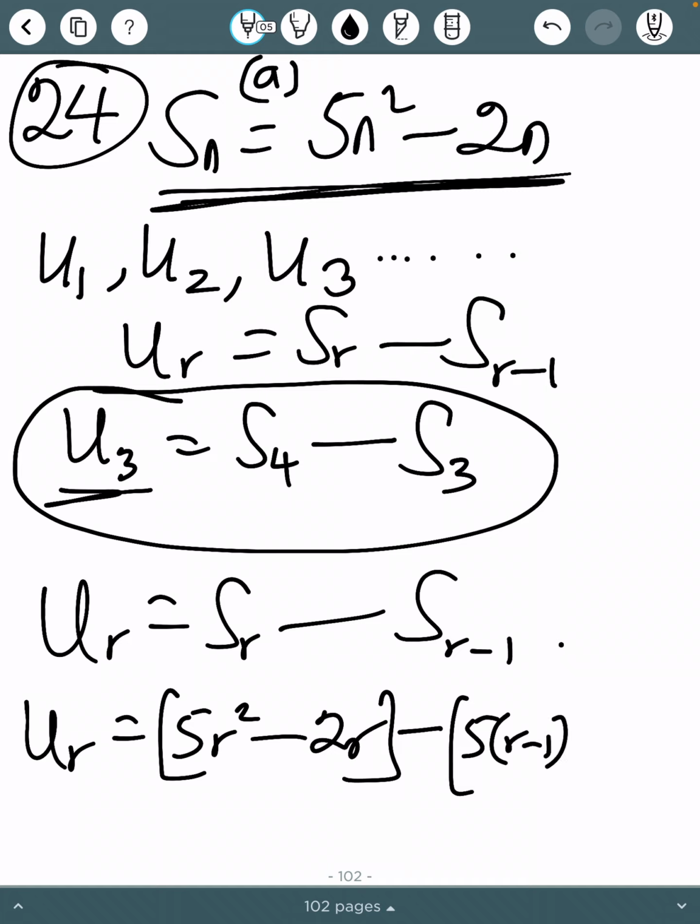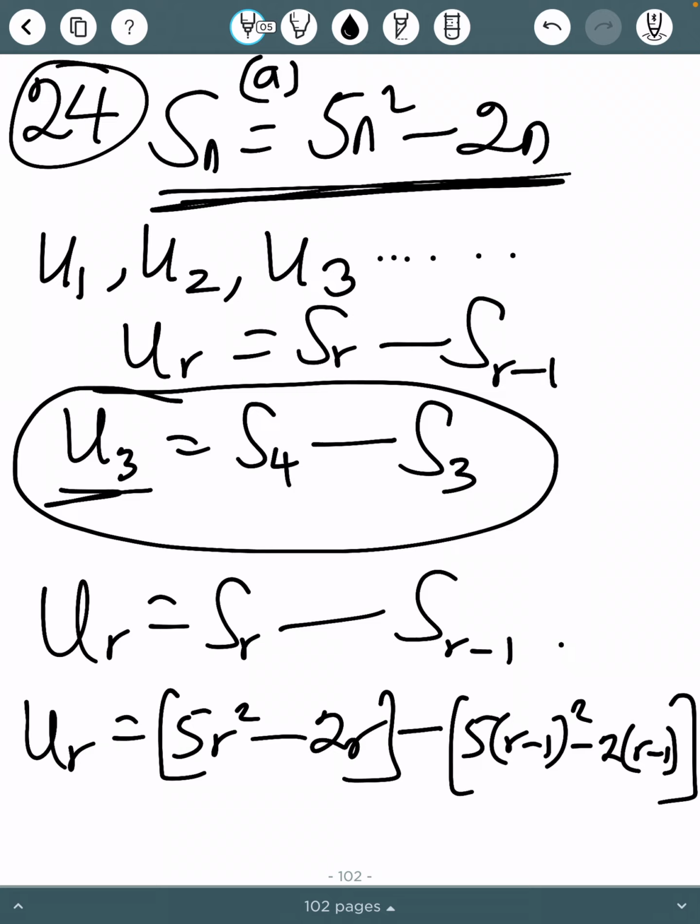5r minus 1 squared minus 2r minus 1 minus 2r minus 1. Let me write that very well. There should be two brackets there. I have to really squeeze it up to make this space contain it. Minus 2r minus 1. That makes it look okay.